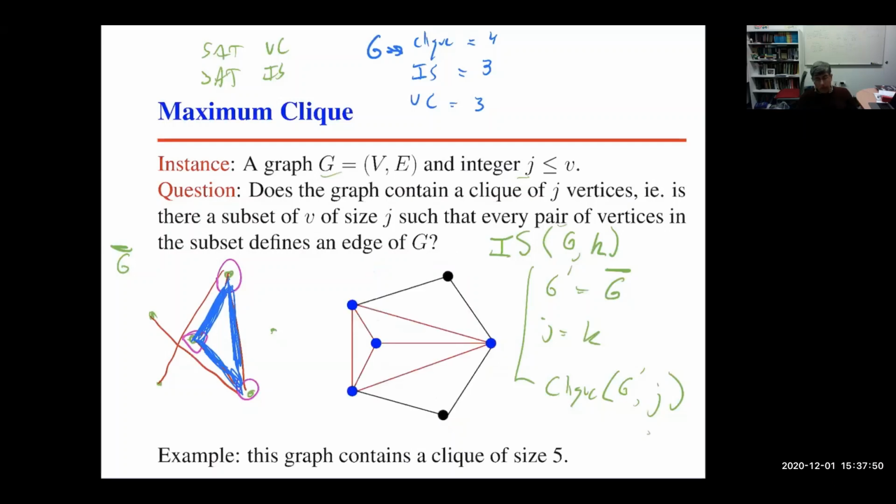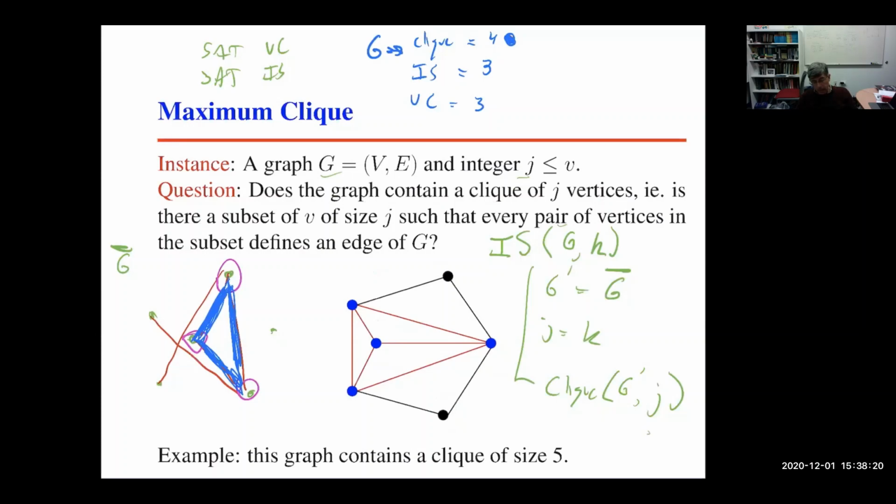Does everybody see what the biggest complete subgraph is here? Does everybody agree that the clique of size 4 is in blue? The clique in here is blue. What was the biggest independent set in here?